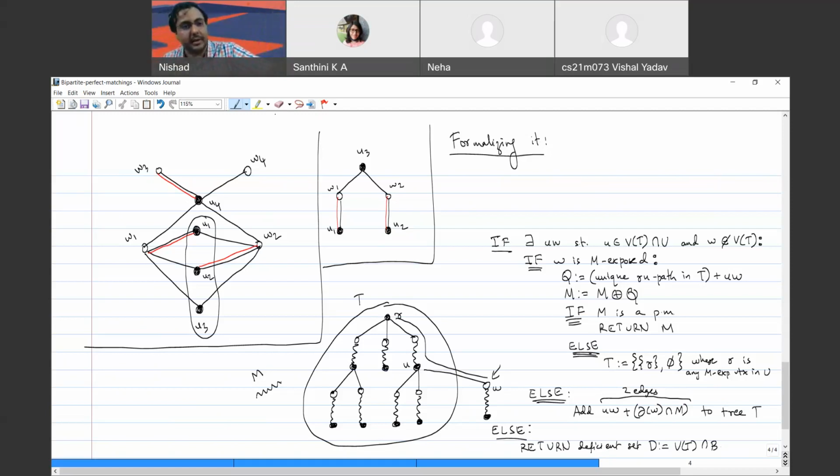Oh, they are not black, it's U. Okay, so it's all the black vertices of the tree. Okay, good. So this is how the algorithm looks at any step.